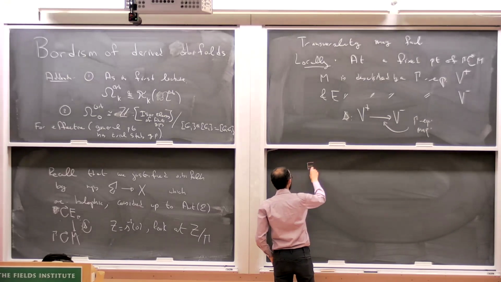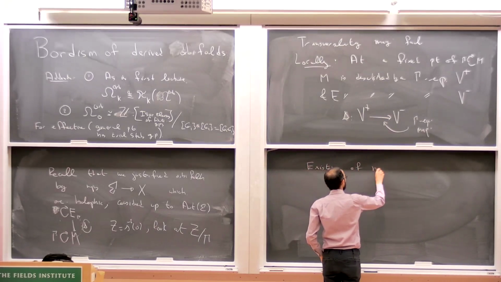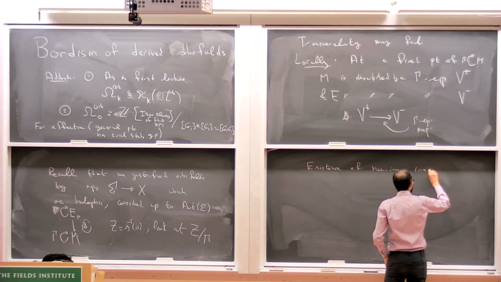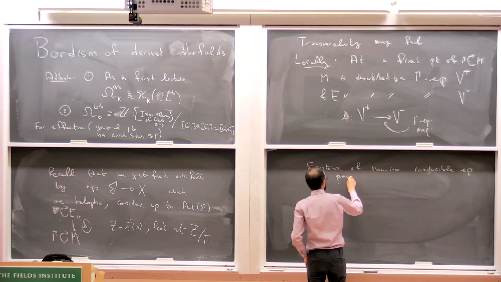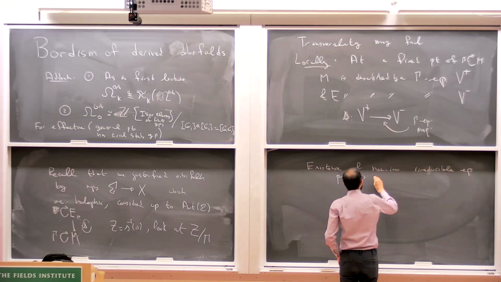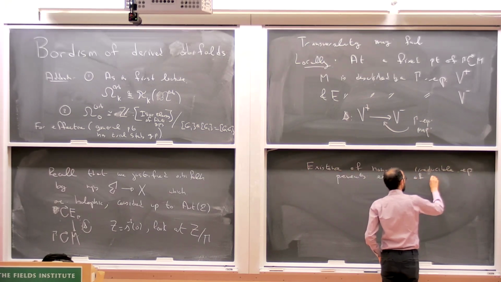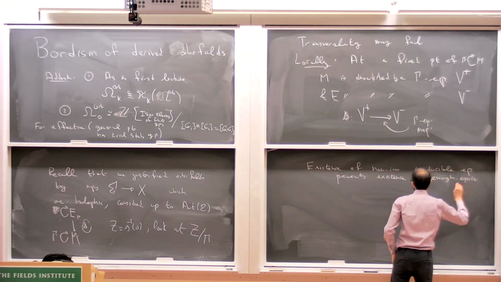So the existence of non-isomorphic irreducible representations prevents the existence of enough maps to satisfy transversality.